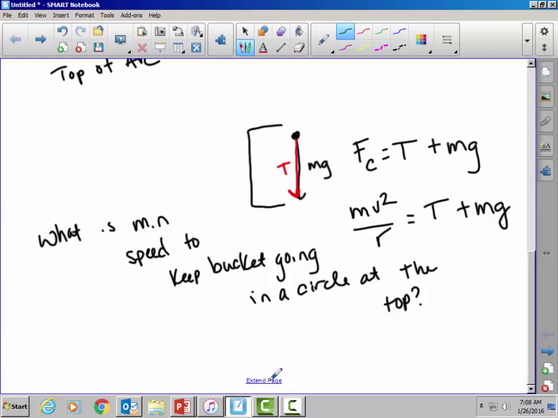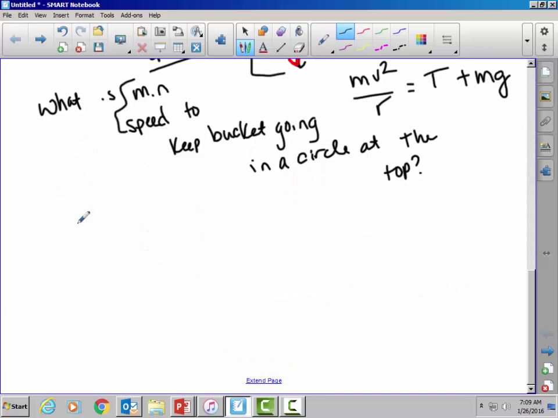Okay, so this minimum speed is sometimes called the critical speed. And you guys will see this question asked a lot with regards to roller coaster rides and all that stuff. So critical speed has to do with the velocity at the top. And that's always going to be when your centripetal force equals the weight of the object. So mv squared over r equals mg.